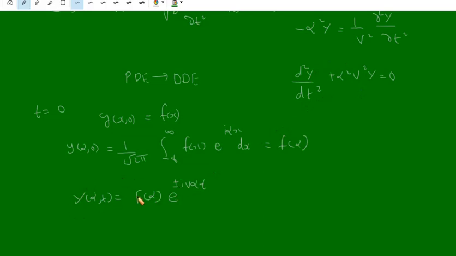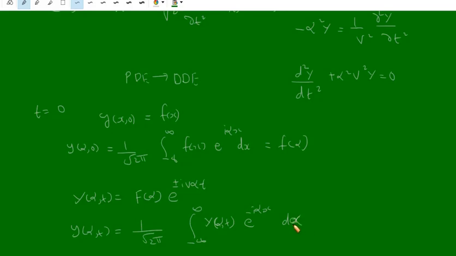Now using the inversion formula, you can write y of x,t as 1 by root 2 pi times the integral from minus infinity to infinity of y of alpha,t e raised to minus i alpha x, d alpha.